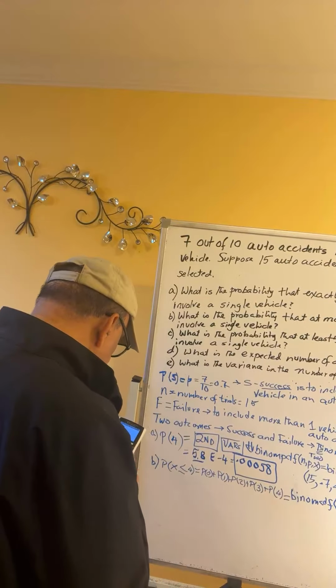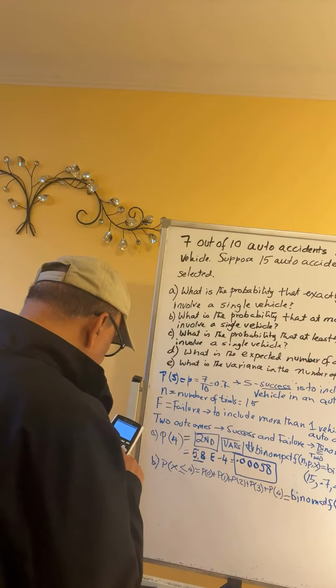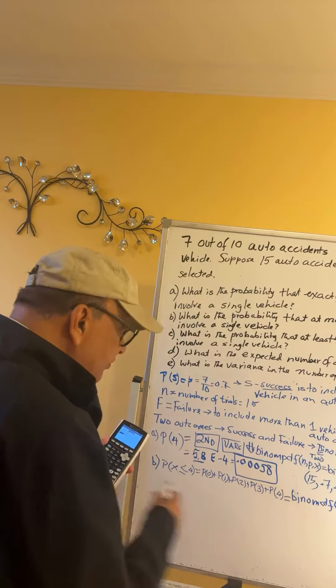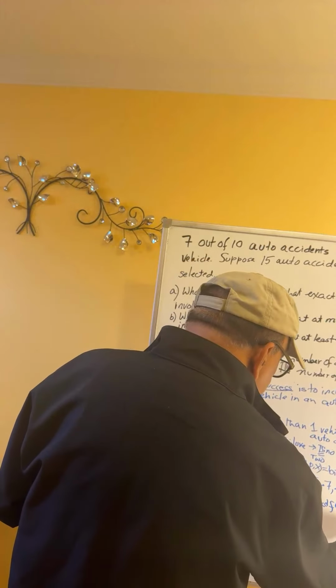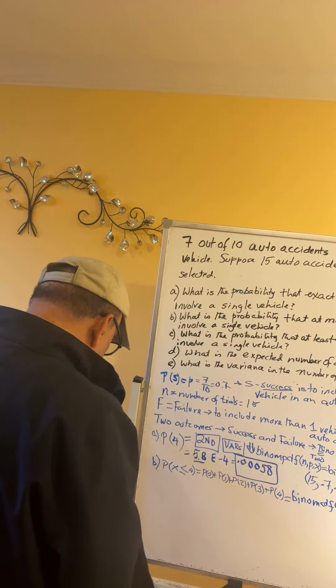We did something wrong. So second button, verse button, scroll down to binom CDF. The number of trials is 15. This is your n, this is your probability of success, and this is your x. C is used because we are adding from 0. Go down to paste.